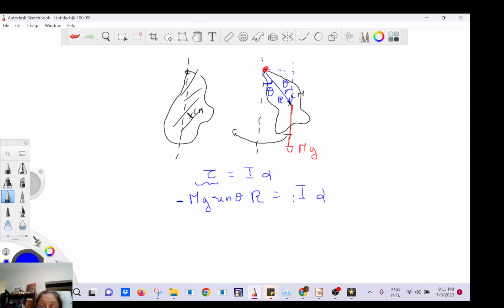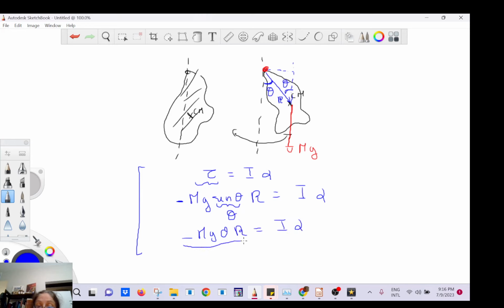This is just to give you an example. It's not covered by the MCAT. That's fine, just to give you an idea how it works. This is about theta if the angle is small. So you're going to have minus mg theta r equals the moment of inertia times alpha.